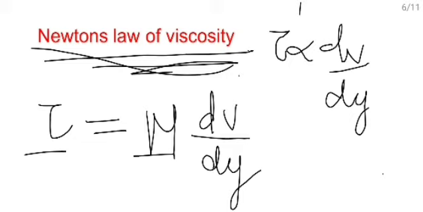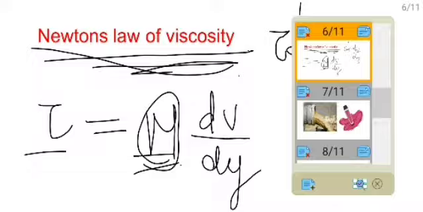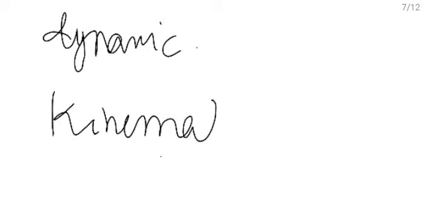As the shear stress increases, the velocity decreases suddenly, and because of what? Viscosity only. I have called this dynamic viscosity because while defining viscosity we come across two terms: dynamic viscosity and kinematic viscosity. Dynamic viscosity is the constant of proportionality between shear stress and velocity gradient.